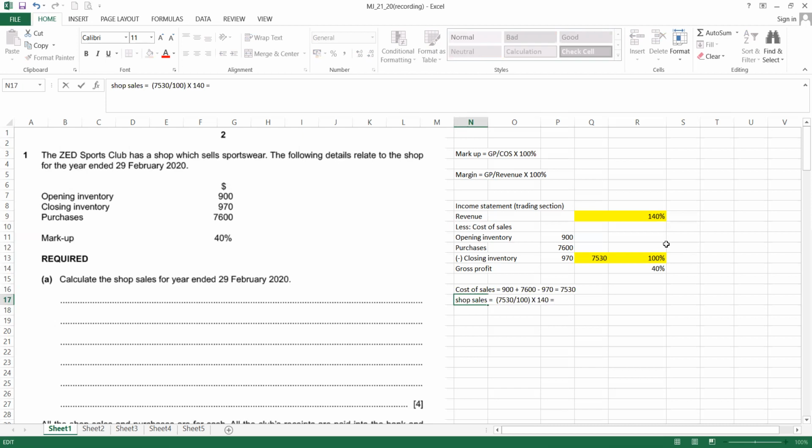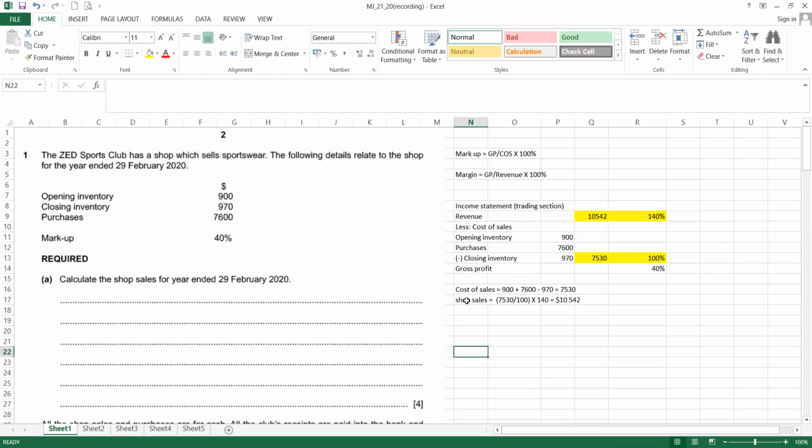Let me calculate. Give me a minute, I calculate here. So take this, divide by this, times 140%. So we get 10,542. This is the shop sales amount.